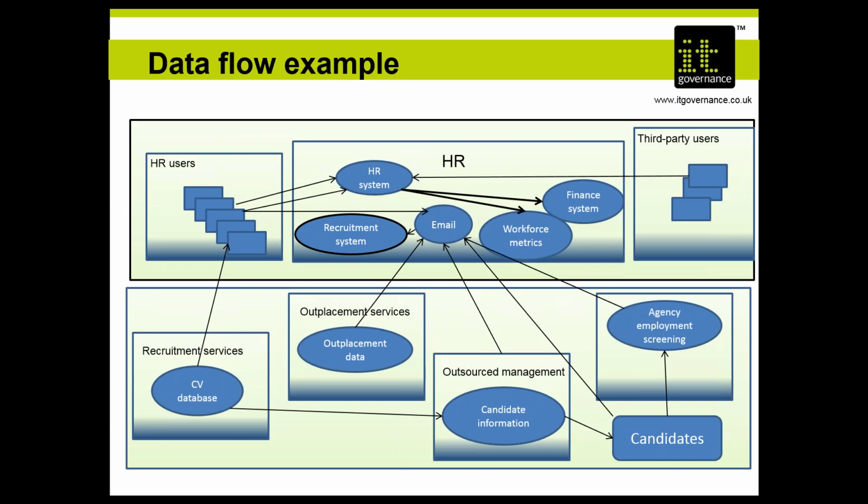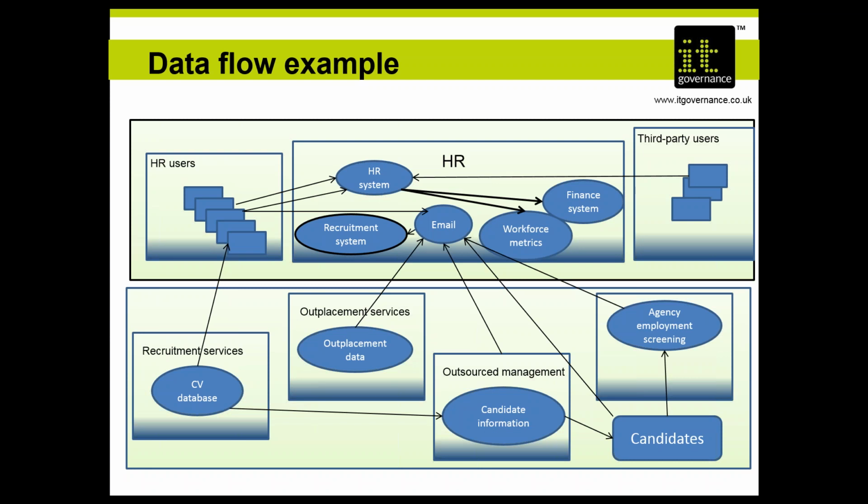If I take a slightly less well-structured data flow, such as an organization which runs a very active recruitment campaign, the example you see here on the screen is looking at how CVs get processed through an organization. In the example, you've got HR users who are getting CVs sent from recruitment service databases.